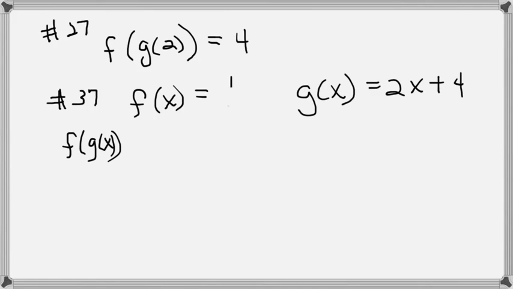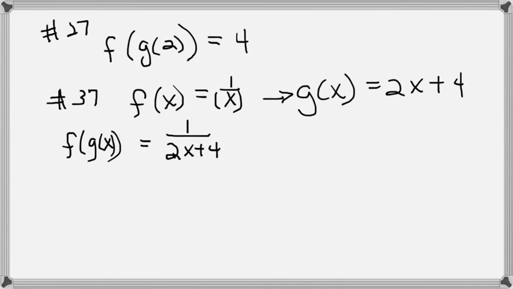That should be 1 over x. Sorry. And then they give you g of x as 2x plus 4. And so if you're evaluating f of g of x, then what you're really doing is you're saying 1 over... Remember, we're only substituting g of x in the place of this x right here. So let's put 2x plus 4 right here.